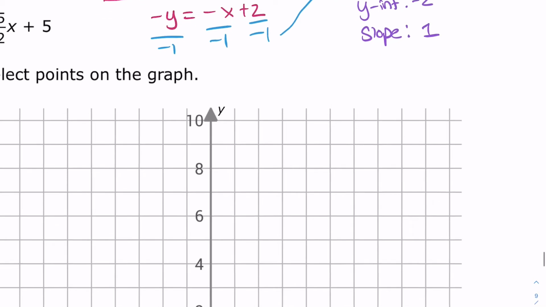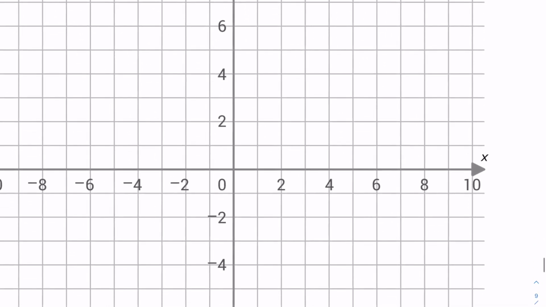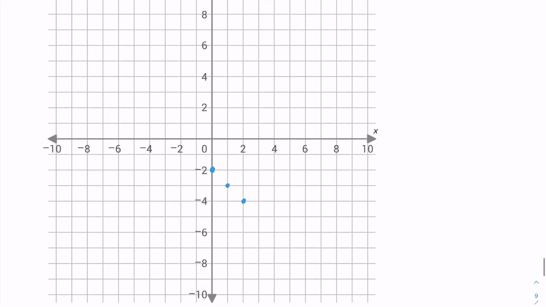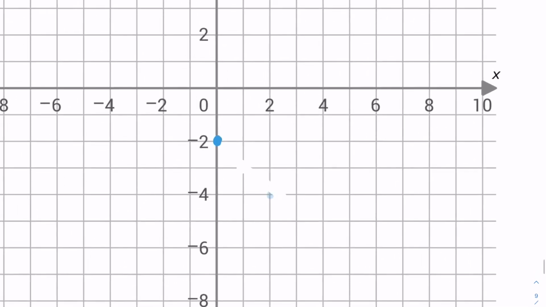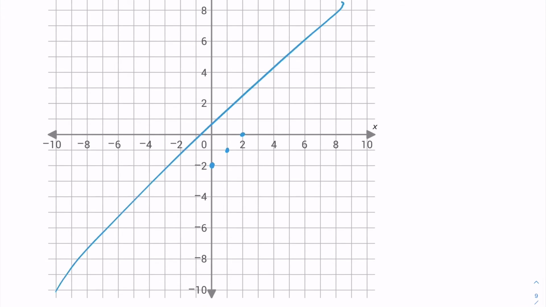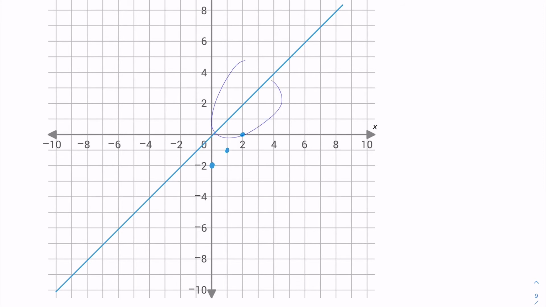So we're going to start at -2, and we are going to go down 1 over 1. And I'm sorry, we are starting at -2 and going up 1 over 1. My apologies. And now I'm going to graph that. All right.